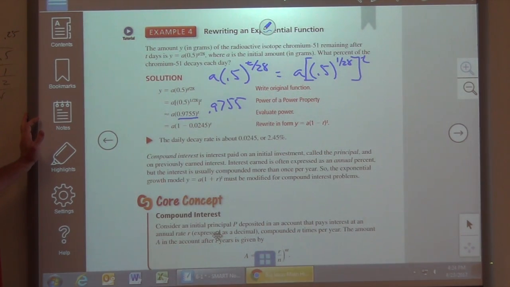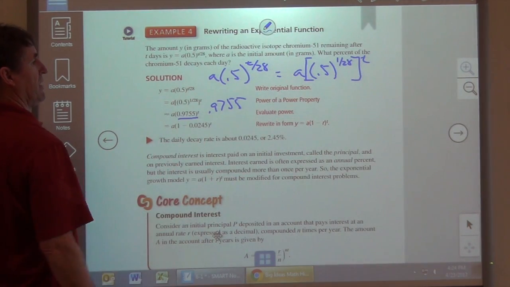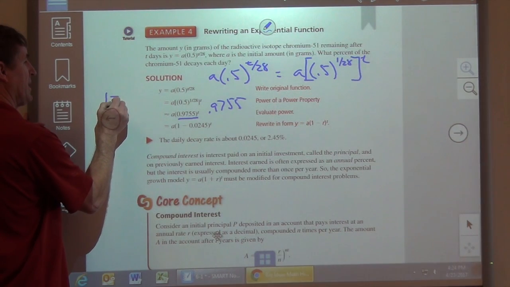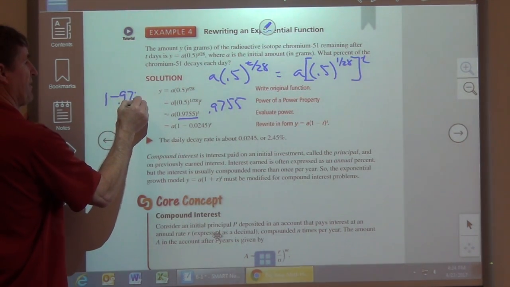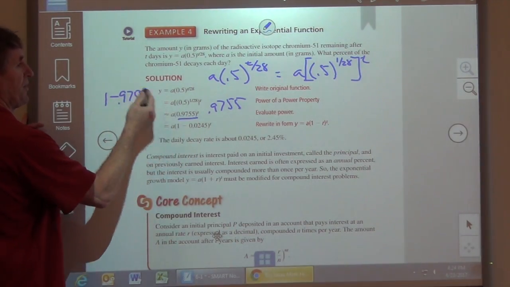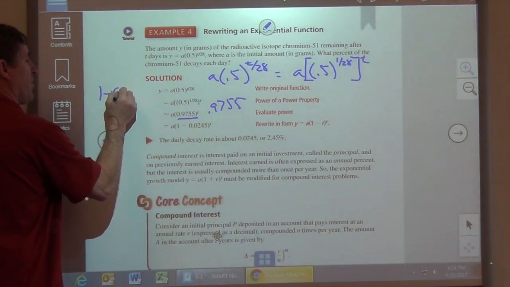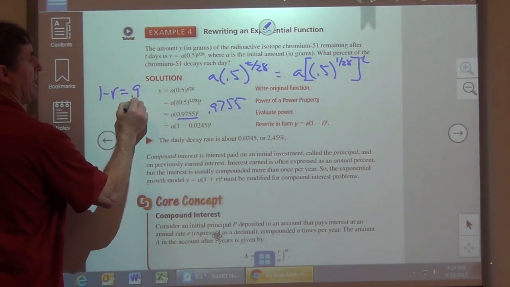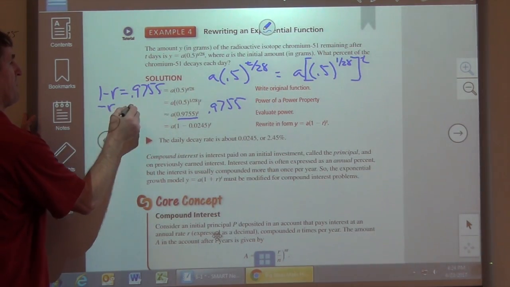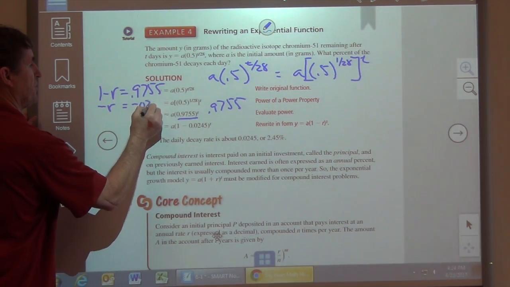So now we can find out what this value would be by just changing it to 1 minus 0.9755, because it's less than 1, right? So if we were to do the formula, let's go ahead and show the formula. It would be 1 minus r equals 0.9755. And then you would subtract 1 from both sides and get negative 0.0245.